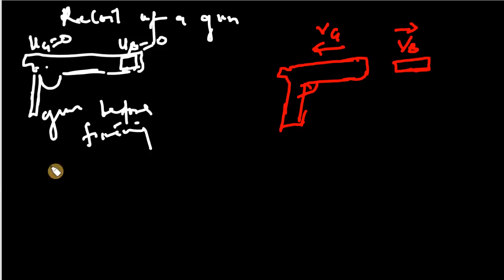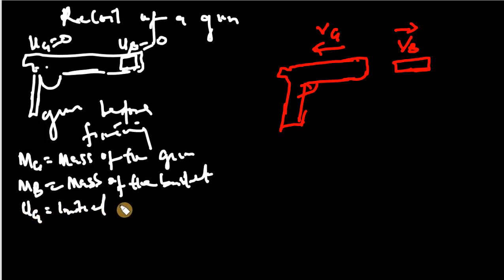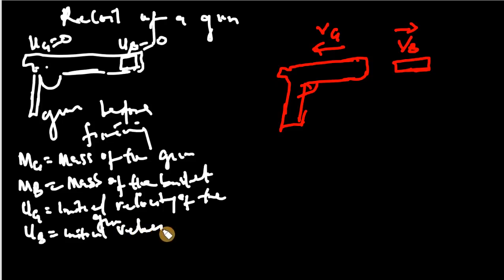So if we let mg be the mass of the gun, and let mb be the mass of the bullet, we let ug be the initial velocity of the gun, and ub be the initial velocity of the bullet.